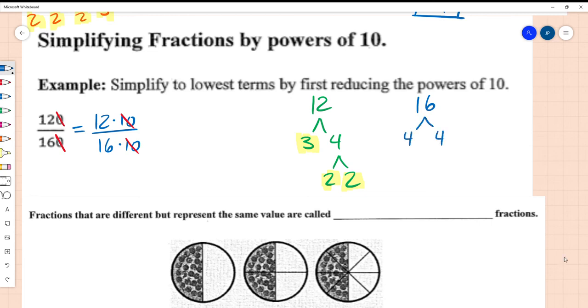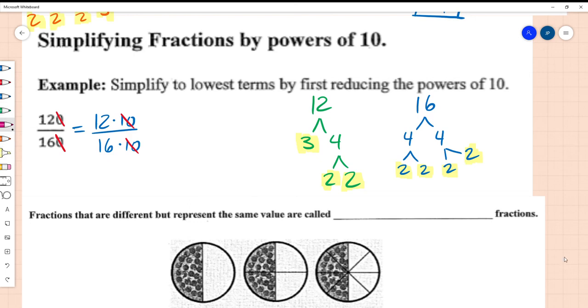It's a perfect square. And if we factor the 4s, we end up getting 2 times 2 for both. It's funny because 4, if I bring back that good terminology, 4 is also a perfect square. So 16 is actually a perfect square, and it's also a perfect power of 2. It's really 2 raised to the 4th power.